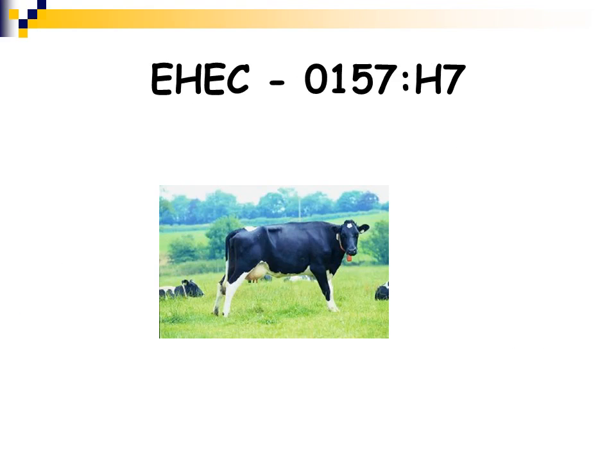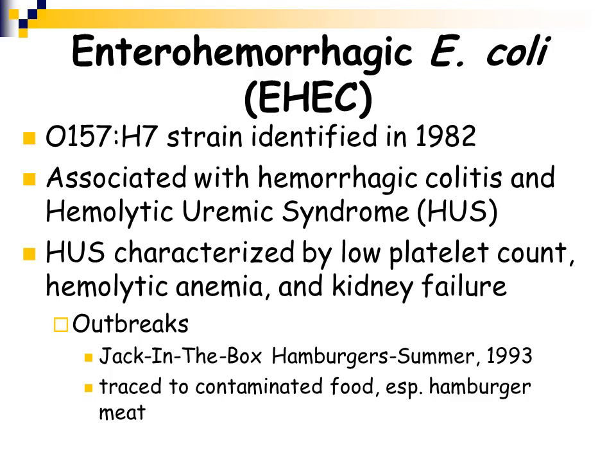We have our enterohemorrhagic E. coli, and the most notorious strain of the enterohemorrhagic E. coli is O157:H7. And our EHEC, which is why it's enterohemorrhagic, is associated with a hemorrhagic colitis, and in severe cases, especially in children, it causes hemolytic uremic syndrome.